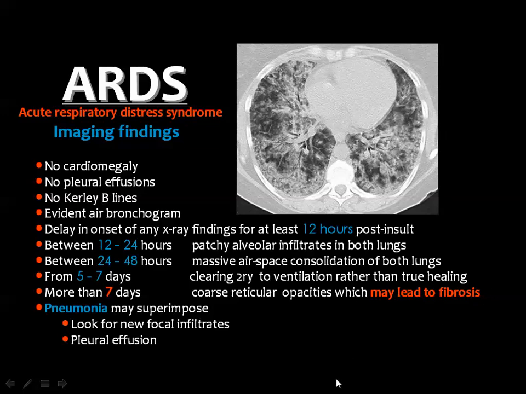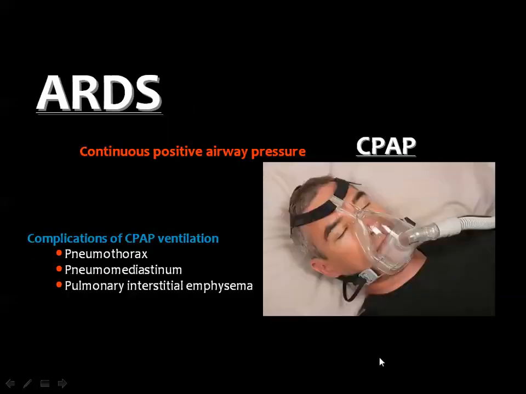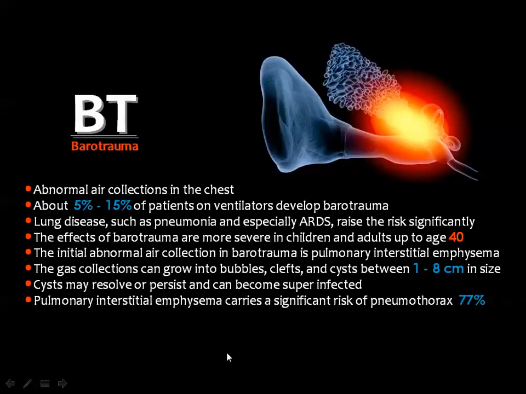Commonly, the disease may be complicated by pneumonia, and this is judged from the radiographs by the development of new areas of opacities and the development of pleural effusion. Continuous positive airway pressure, or CPAP, may be complicated by pneumothorax, pneumomediastinum, or pulmonary interstitial edema.